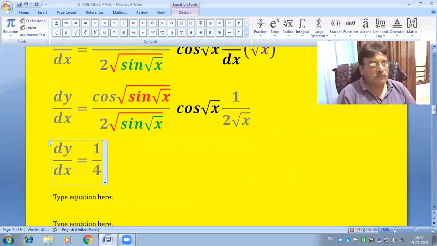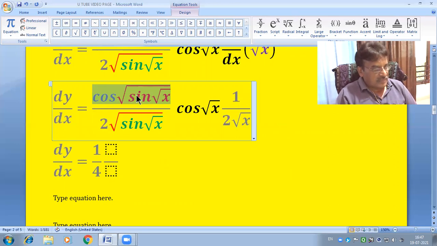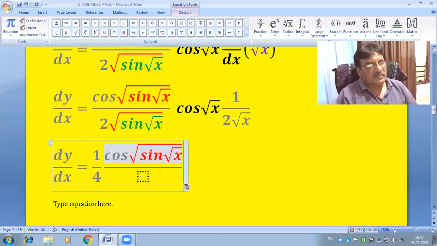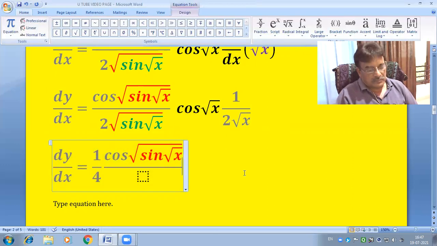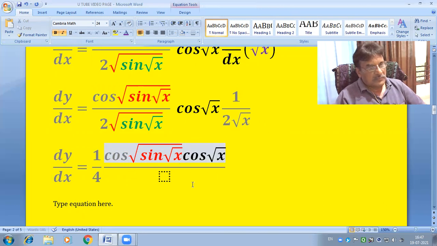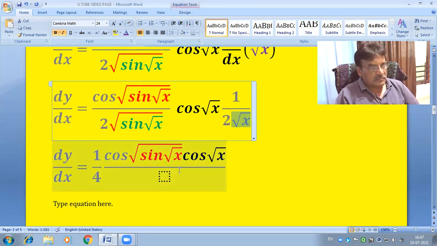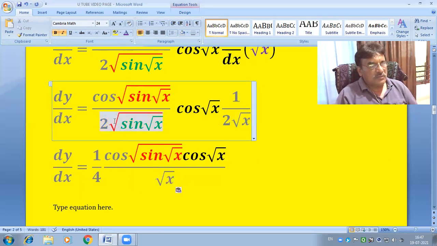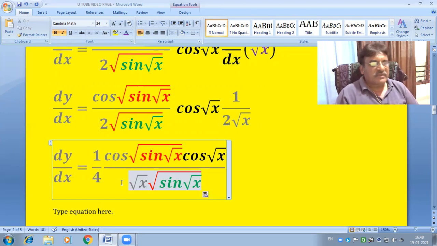So write here 1 by 4, then cos √(sin √x) into cos √x upon √x into √(sin √x), and this is the required derivative of the function.